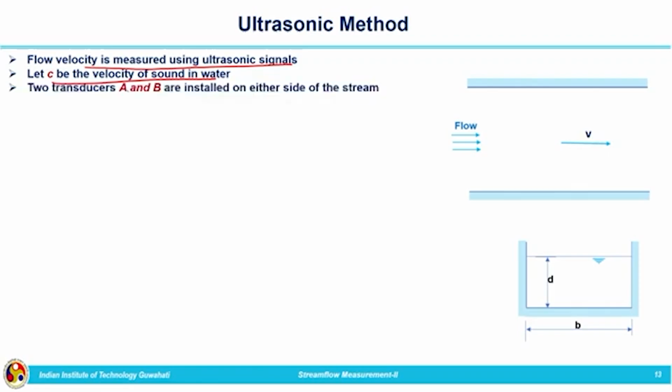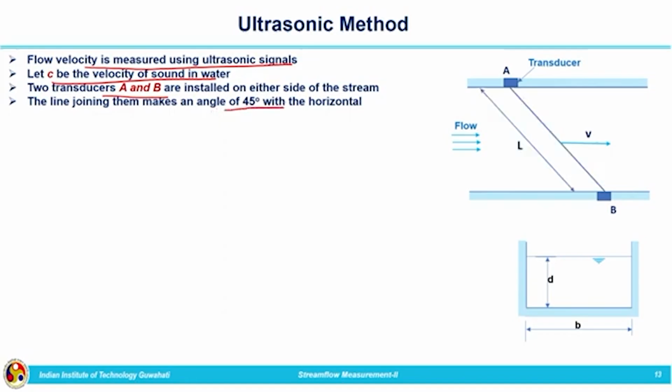Now, we are installing two transducers A and B on either side of the stream like this, and these are installed in such a way that the line joining them makes an angle of 45 degrees with the horizontal.